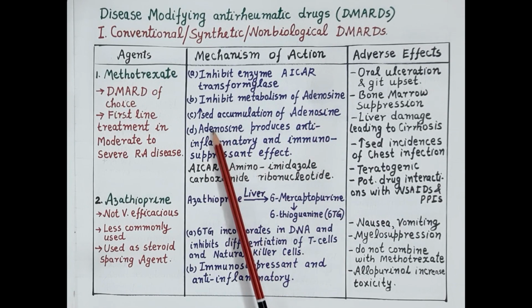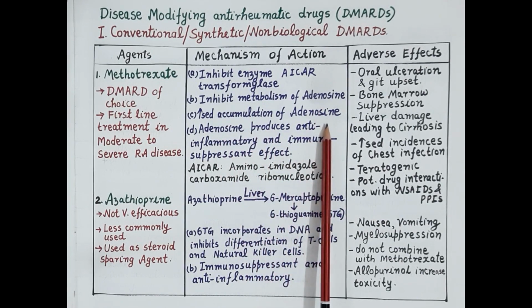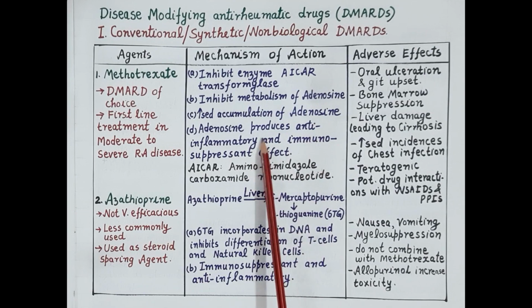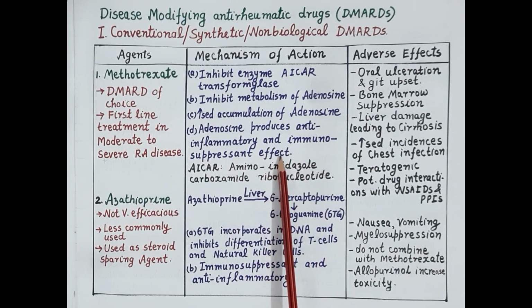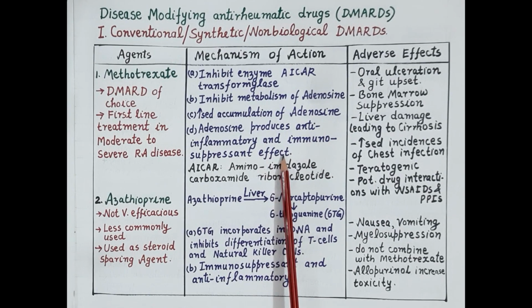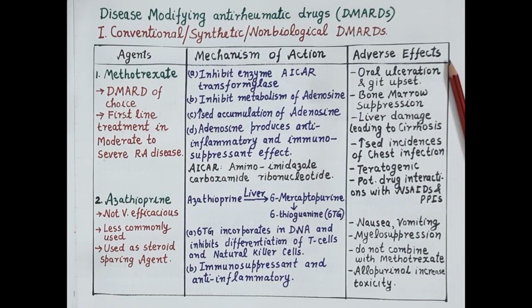This causes increased accumulation of adenosine, and adenosine produces anti-inflammatory and immunosuppressant effect by inhibiting activation of T cells. It causes downregulation of B cells, that is B lymphocytes, and also inhibits activity of interleukins. Interleukins are inflammatory cytokines.